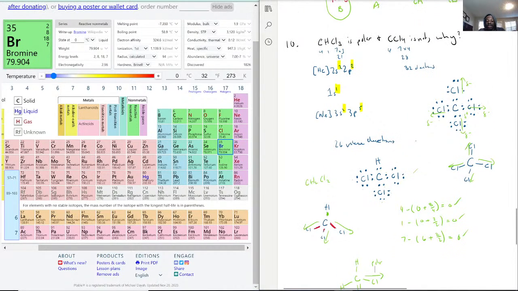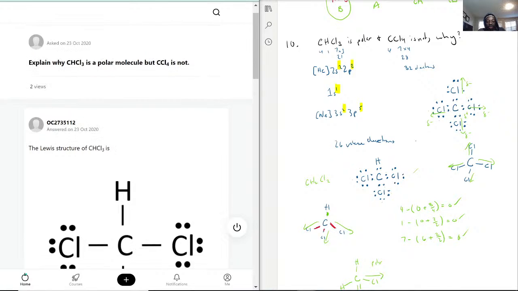So in summary, that's why CHCl3 is polar and CCl4 is non-polar: one, we showed it through the electronegativity, and two, we're dealing with different elements as the outer surrounding atoms, which is what you consider polar, because they're different.